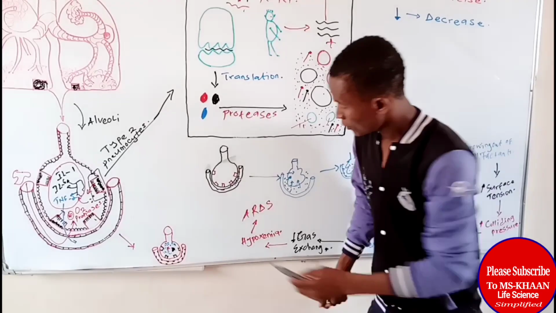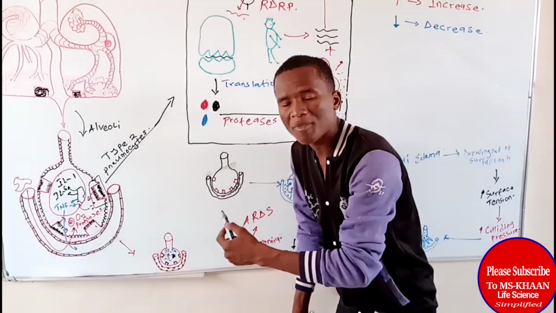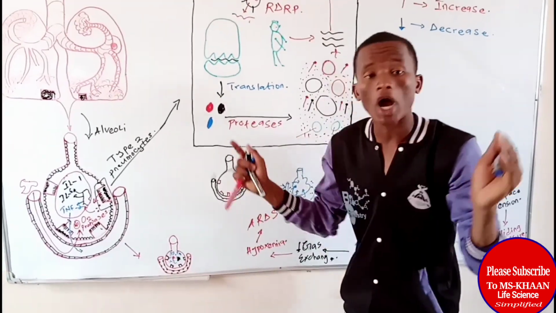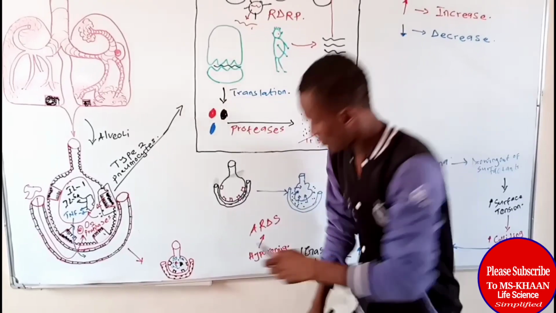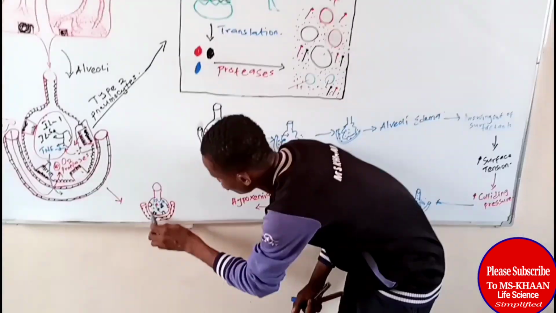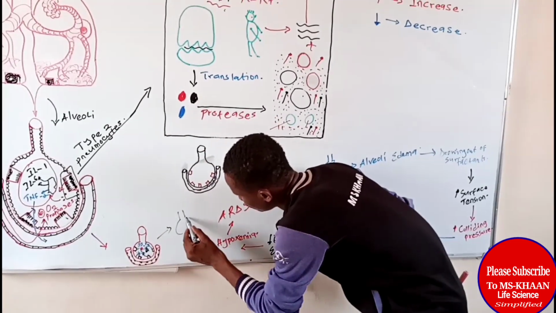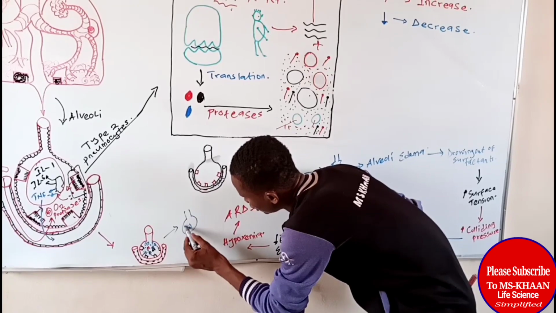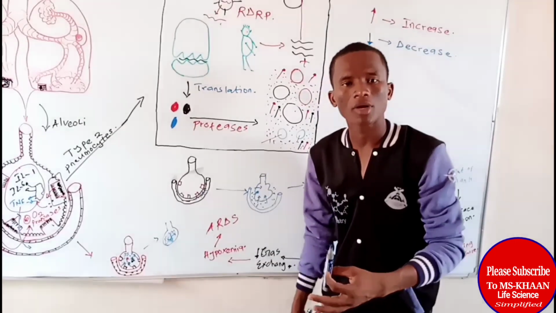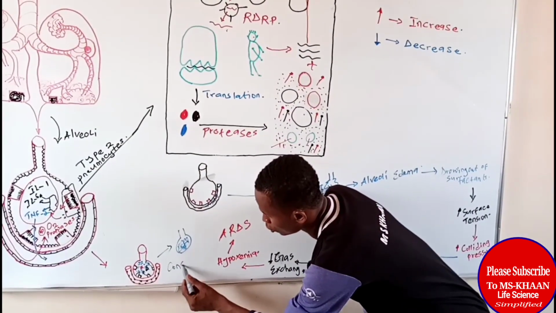So what will happen when the reactive oxygen species and the protease release start to damage the type 1 and type 2 cells of the alveoli? The cellular debris of type 1 and type 2 cells will accumulate at the center, and this will lead to accumulation of fluids and cellular debris, and then lead to a condition called consolidation.